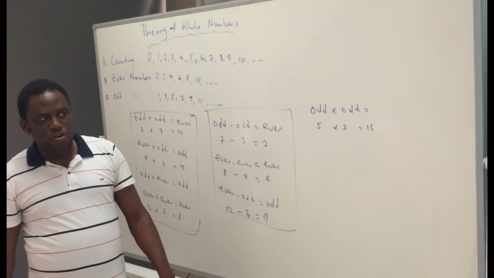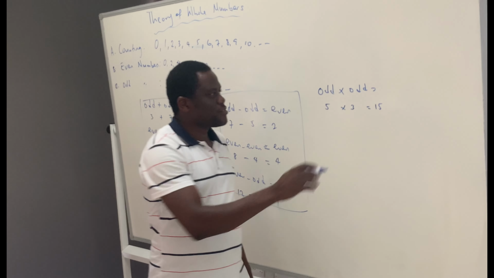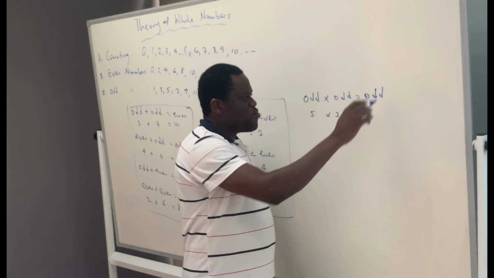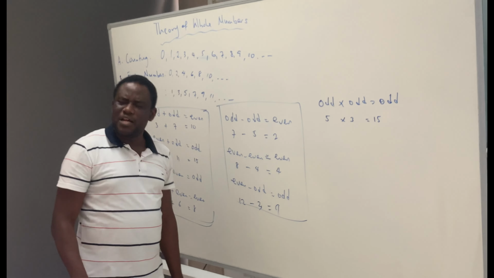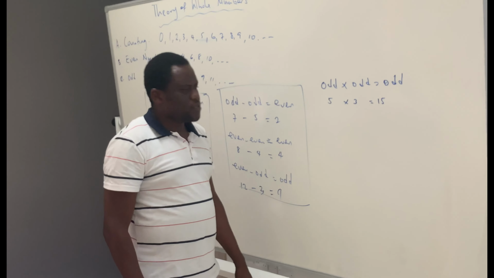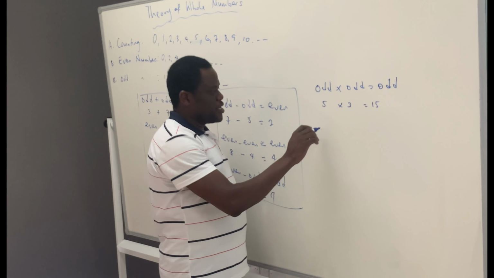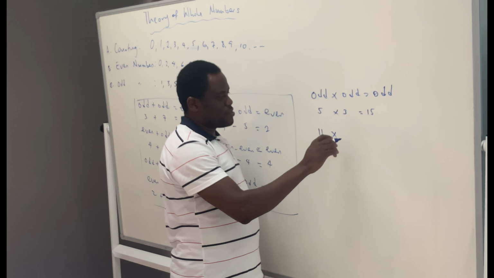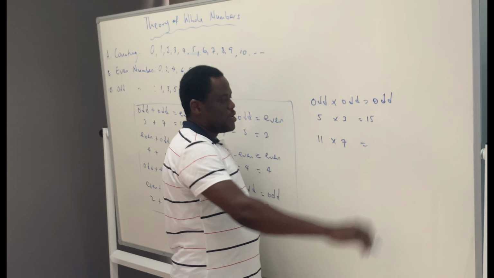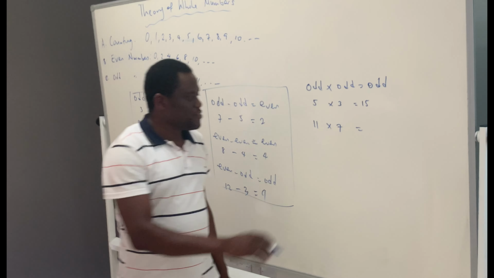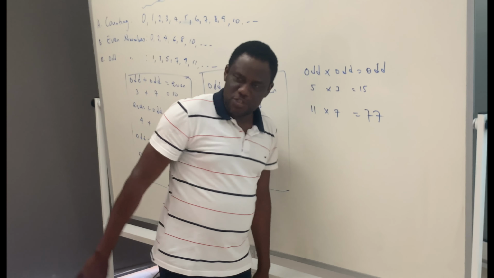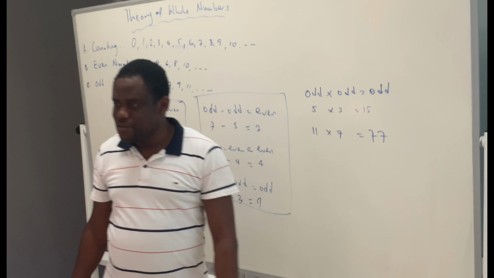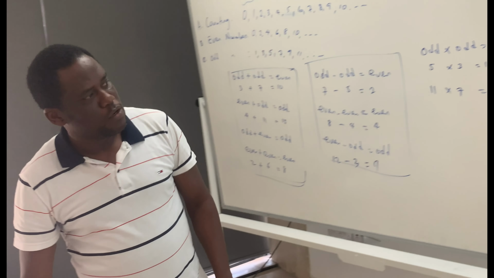Surprisingly, odd times odd is giving us odd. Does it work in all cases? Let us try another odd number. Let's say 11 times 7. 11 times 7 is what? 77. 77 is odd. Oh, so odd times odd is odd.